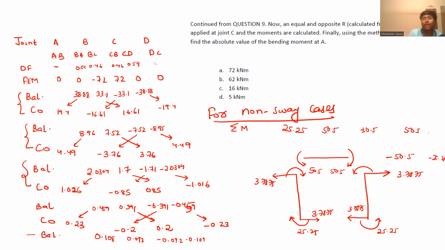So they are trying to get the absolute value of bending moment at A. So MAB will be equal to what you got here, 25.25, that is due to the non-sway case, plus R by R dash, 15 by 13.42, into how much? 78.13, minus 70.